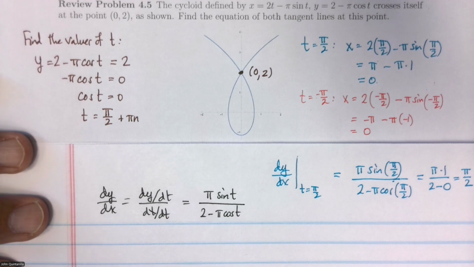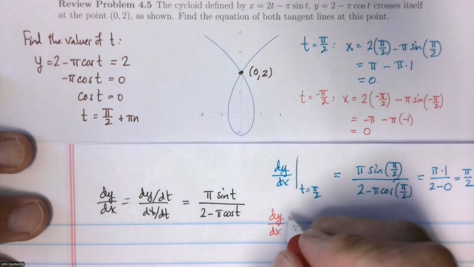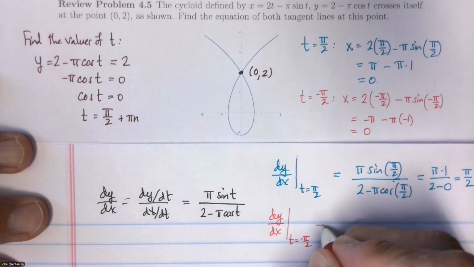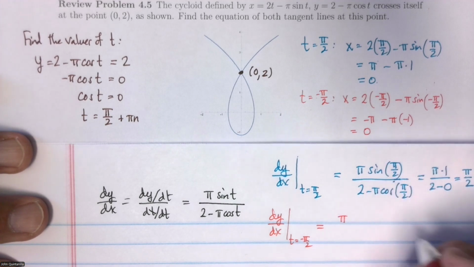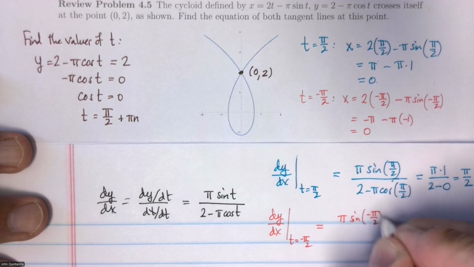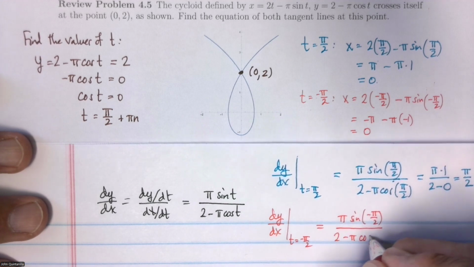For the other one in red, dy/dx evaluated at t equal to negative pi over 2. That'll be equal to pi times the sine of negative pi over 2, all over 2 minus pi times the cosine of negative pi over 2.